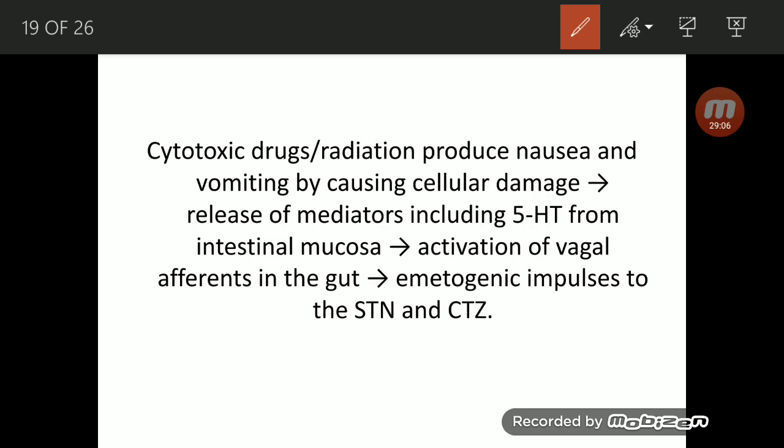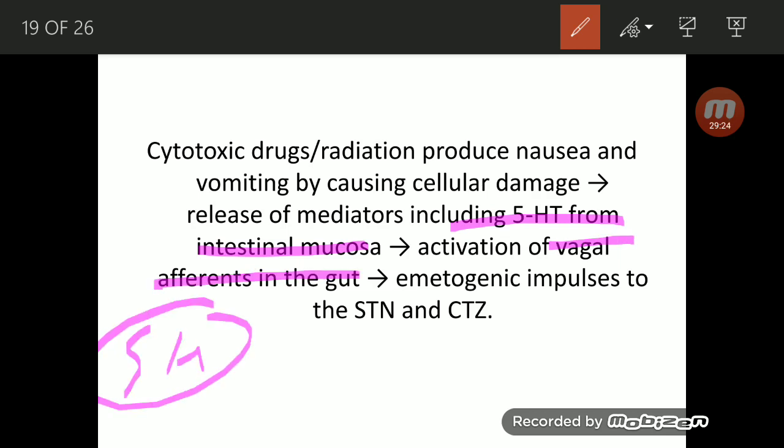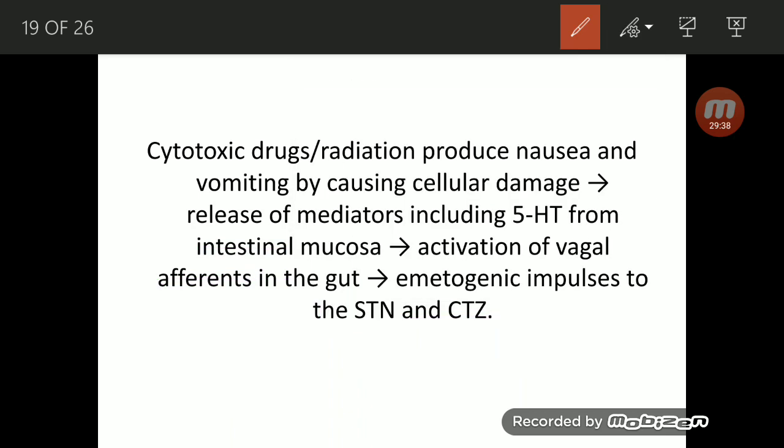Whenever there is damage to the cells, 5-HT, which is serotonin, gets released from the intestinal mucosa. This released 5-HT activates the 5-HT3 receptors on the vagal efferents in the stomach. After activation, it sends an emetogenic impulse to the STN and CTZ, and then there is induction of vomiting.